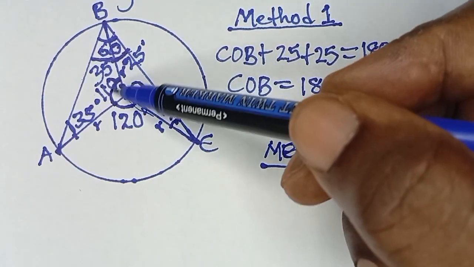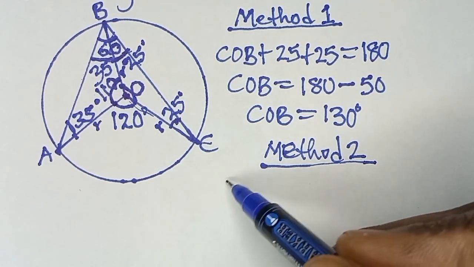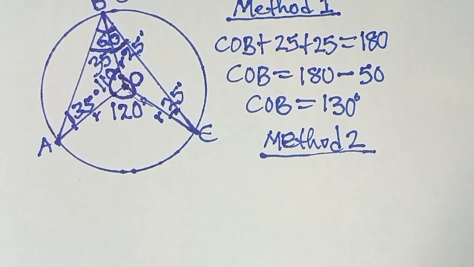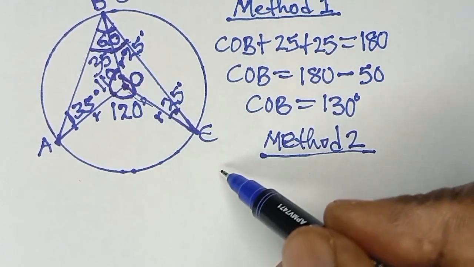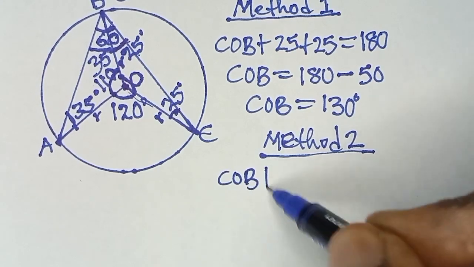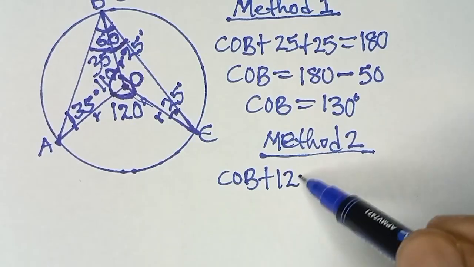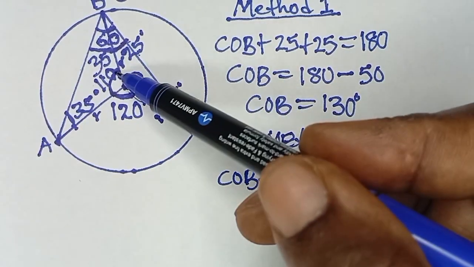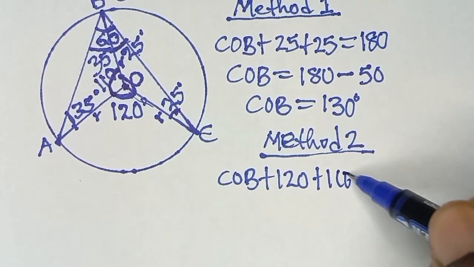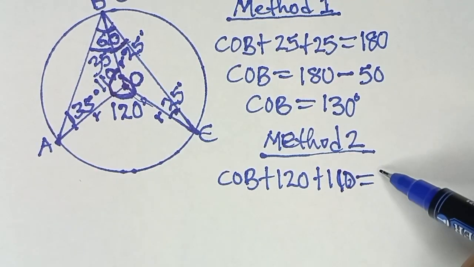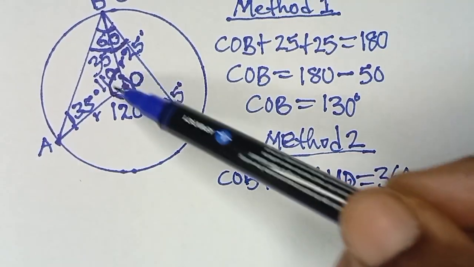And then don't forget, the sum of angles at a point gives us 360. So that means COB, which is this angle here, plus this second angle 120, plus this third angle 110, everything should be equal to 360 degrees because the sum of angles at a point is 360.